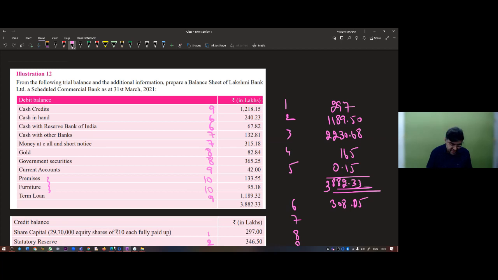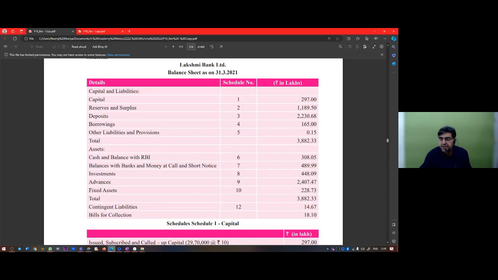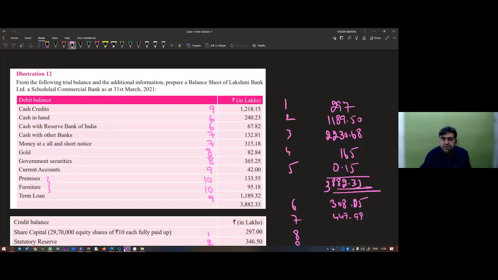Schedule 7 is 132.81 plus 315.18, 447.99. Schedule 7.